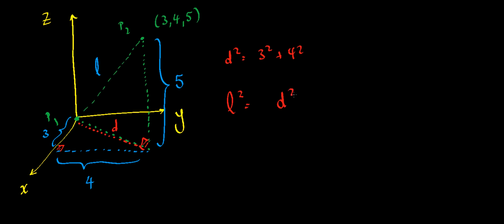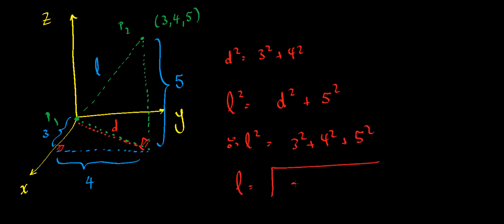And d squared is just 3 squared plus 4 squared. Therefore, L squared is just 3 squared plus 4 squared plus 5 squared. And L is the square root of this whole thing.